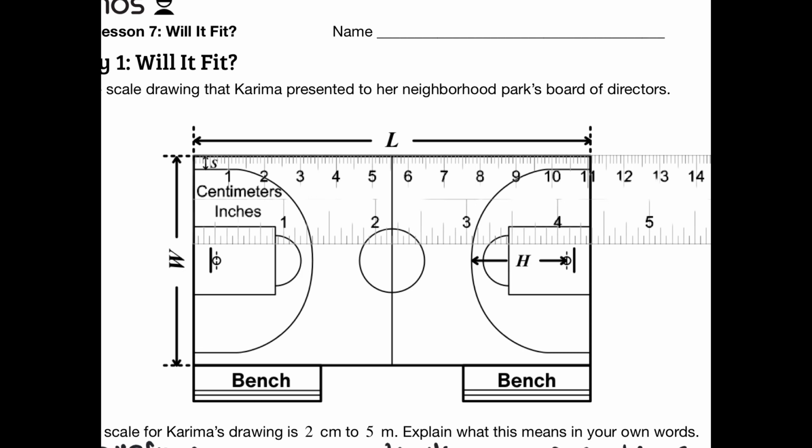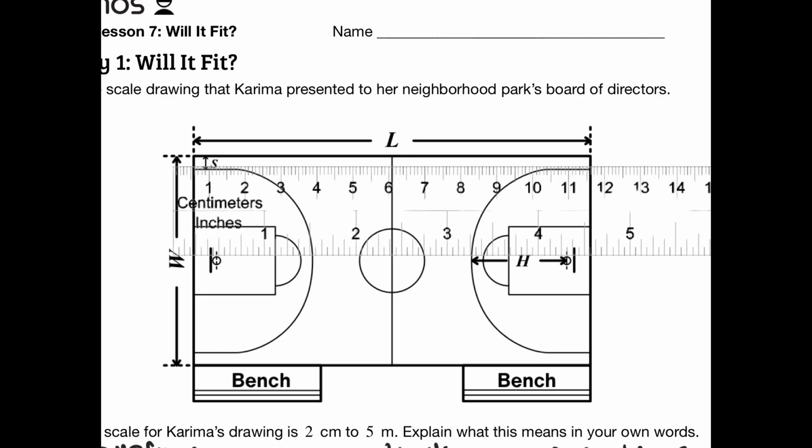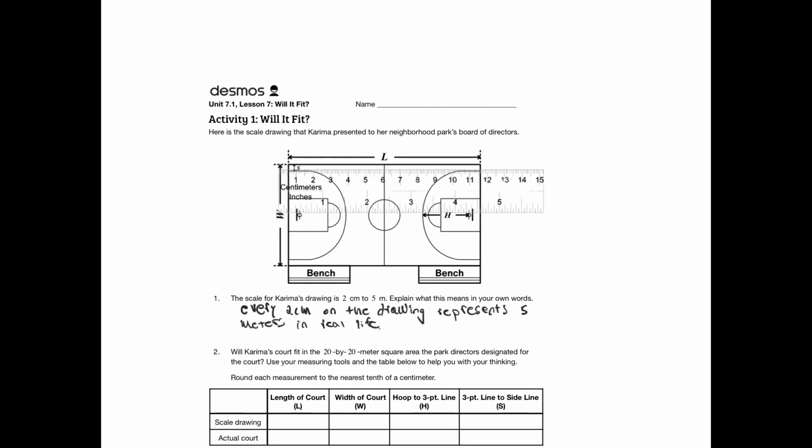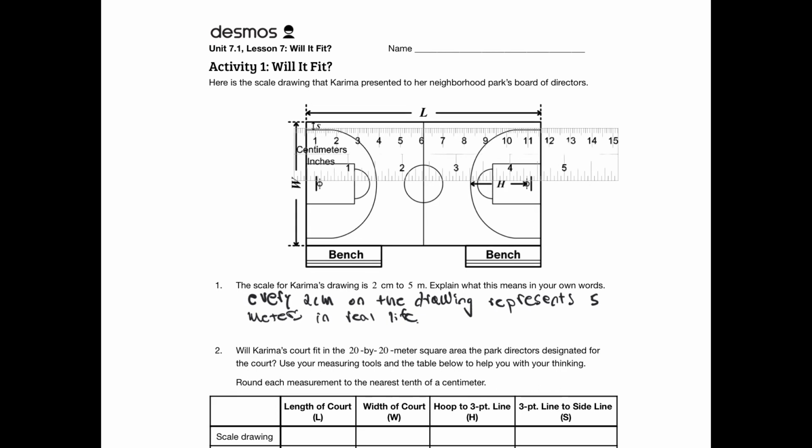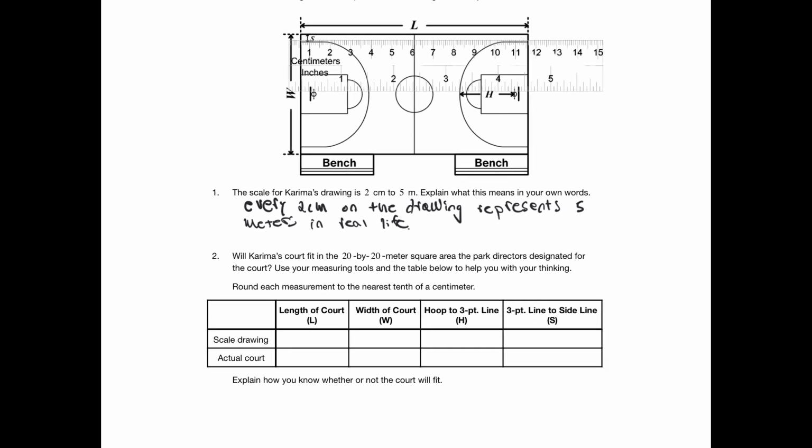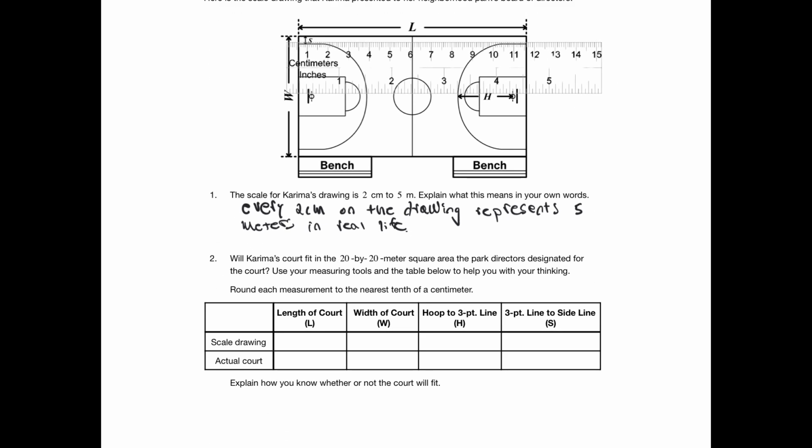So for me, it looks like I get about 11.1. Now I'm using a digital ruler. Obviously you're going to be using a physical ruler, so you might get a different measurement, but it should be about 11.1. So 11.1 centimeters, could be 11.2 centimeters.